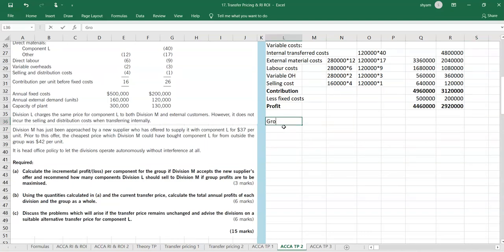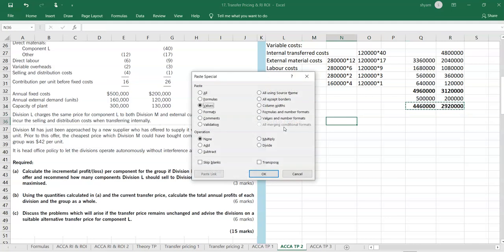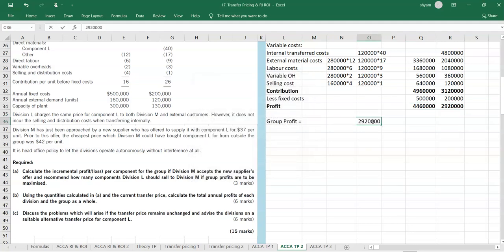So group profit is going to be, so this will be the group profit here.